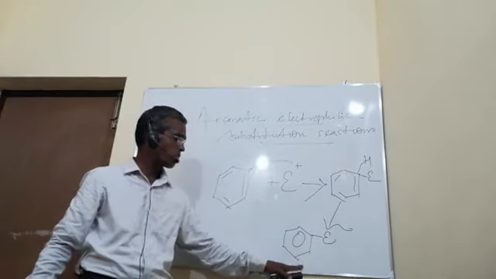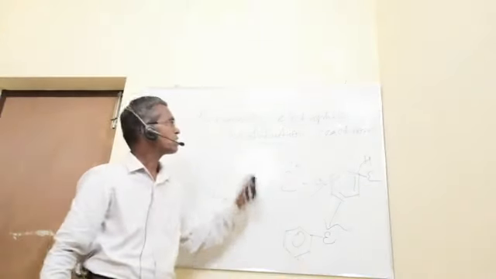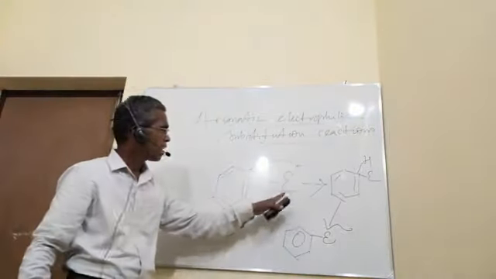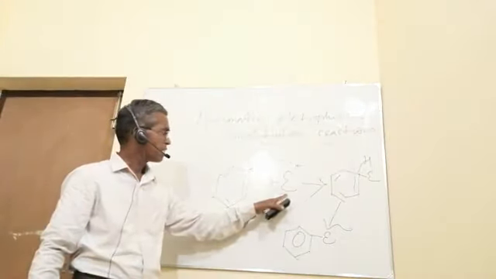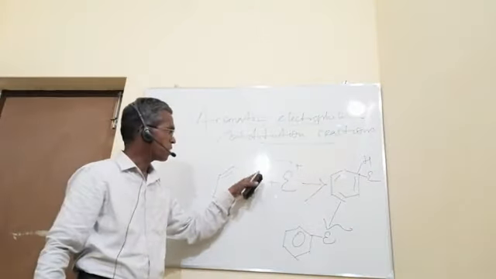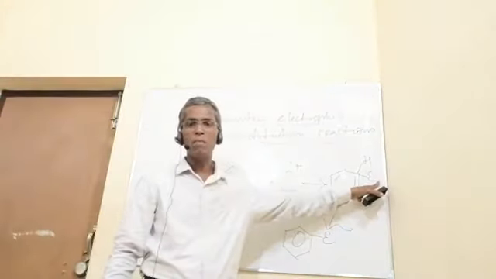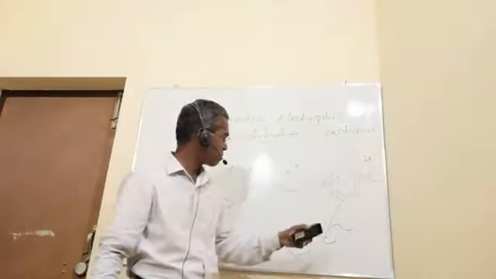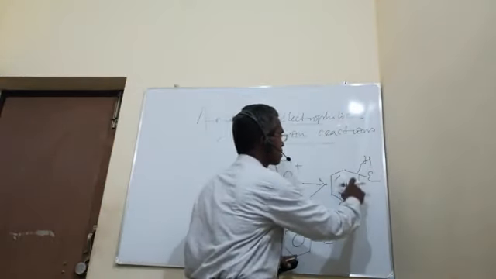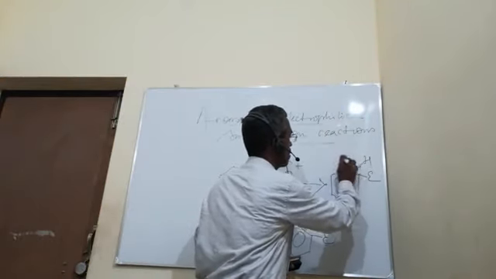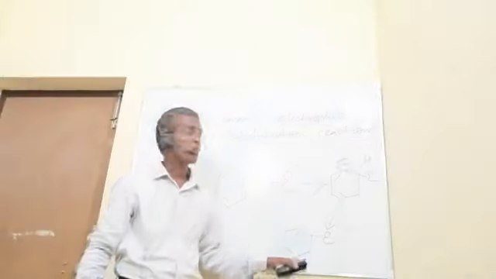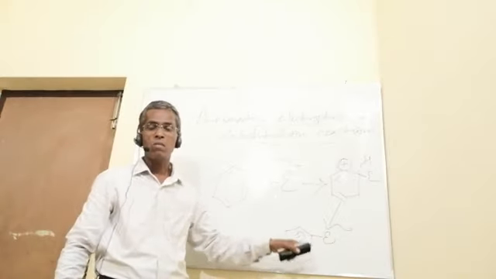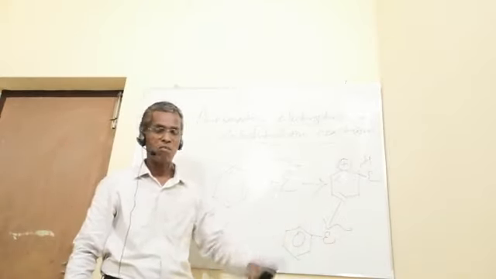We get finally an electrophile substituted aromatic system. Therefore, this reaction is called aromatic electrophilic substitution reaction. Because of this electrophile attacking the benzene, substituting the proton in the benzene, and finally the proton also removed, we get this product. How we get this carbocation, everything we will discuss when we discuss the general mechanism of aromatic electrophilic substitution reaction.